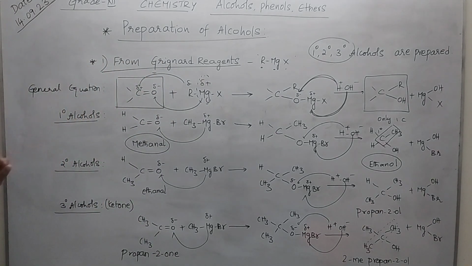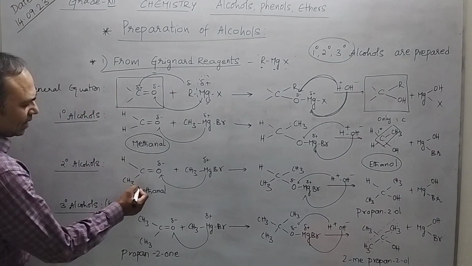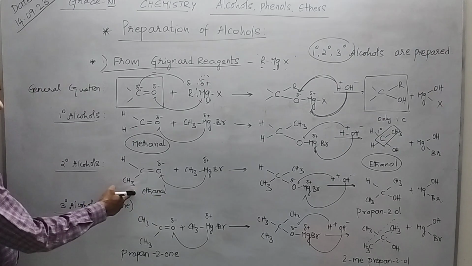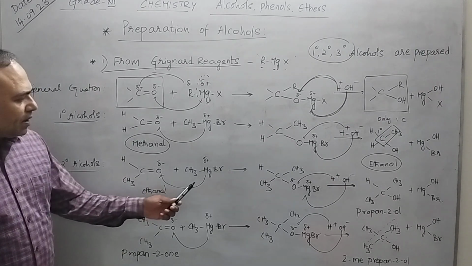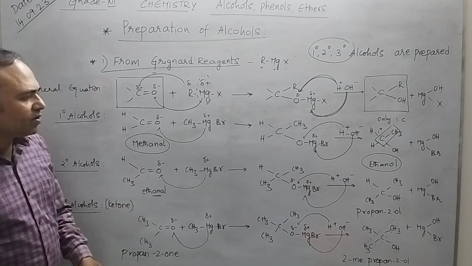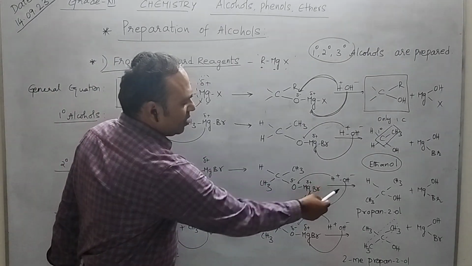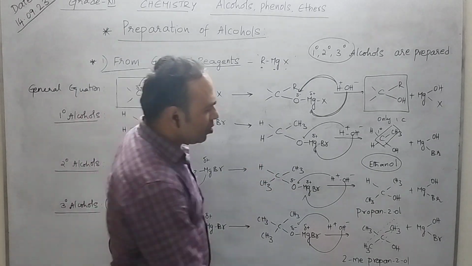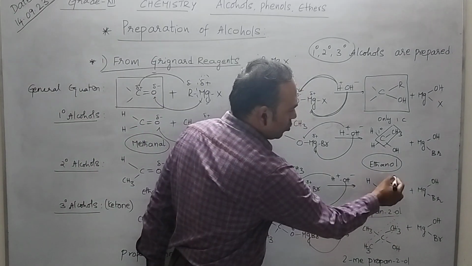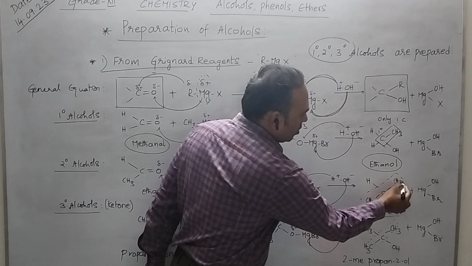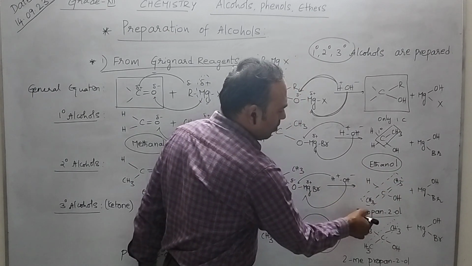Now how to prepare secondary alcohol? Let us take ethanal, nothing but acetaldehyde. Again the same method, Mg plus will combine with O minus, you get an intermediate. On hydrolysis, OH minus will connect with Mg plus and you are going to get propan-2-ol. The root word is 3 carbons, prop.